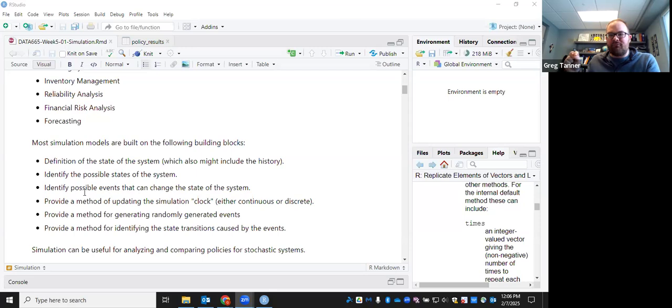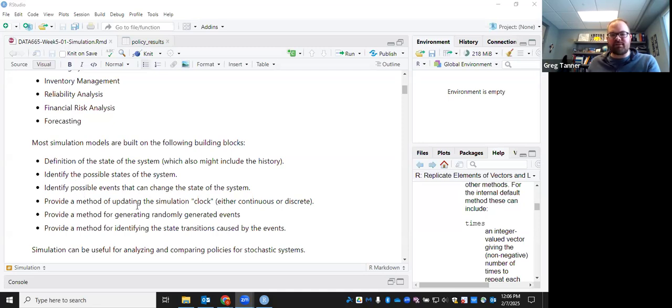For example, in inventory management, a customer showing up and buying one of your products reduces your inventory, so that changes the state of the system. Or an order coming in with more of that product is another event that changes the state. So think of what the state is and what things can change it. What events do I need to simulate happening that can cause changes to the state?